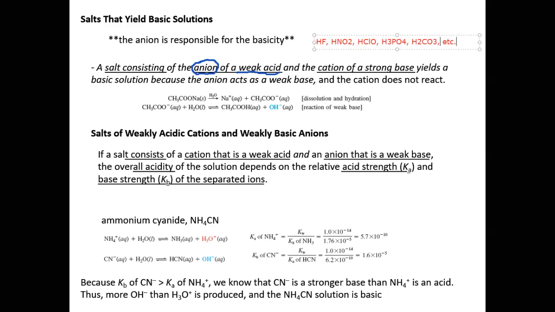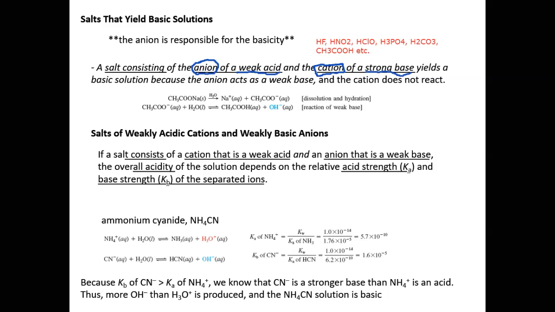Acetic acid, etc. So you want an anion of a weak acid in your salt and the cation of a strong base, because those are neutral. So if you have a cation of a strong base and an anion of a weak acid, it's going to give you a basic solution.